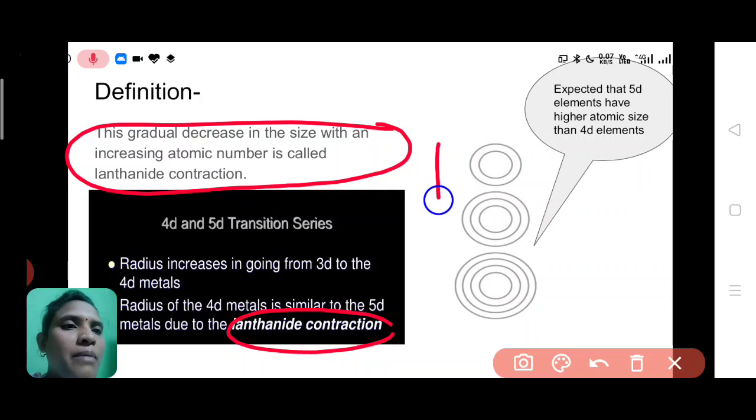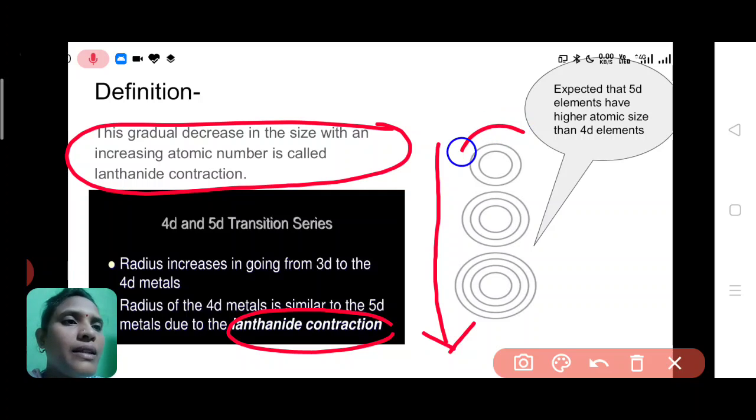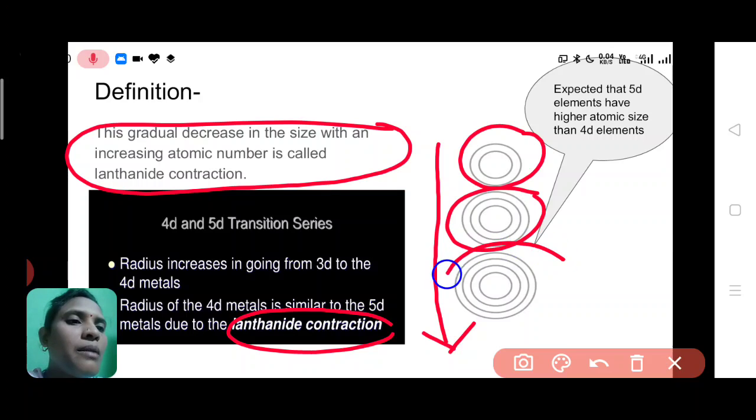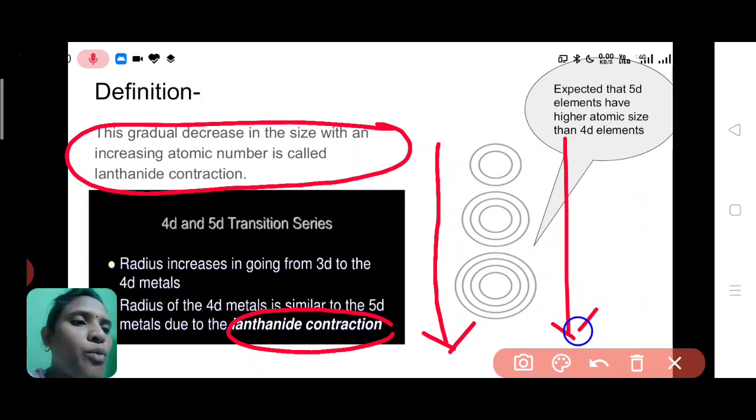So atomic numbers are increasing from top to bottom. This element has less atomic number than this one, and the second element has less atomic number than the last one. So it is expected that the atomic size should also increase from top to bottom, but it is not so.